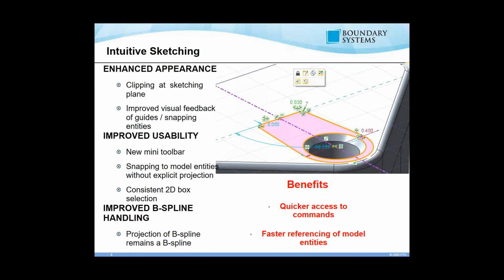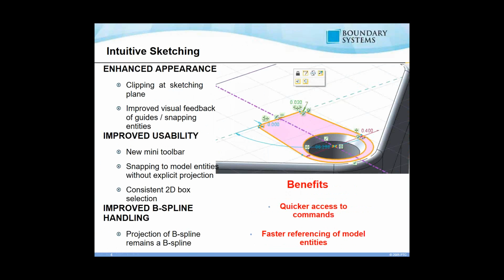And then not only that, but there's also a new mini toolbar as well. So just like you'll notice in the screenshot over there, right at your mouse tip, PTC has added some mini toolbar commands that allow you to model much quicker. So you have basically faster access to the commands. You don't have to travel all the way up to the ribbon in order to select a command.